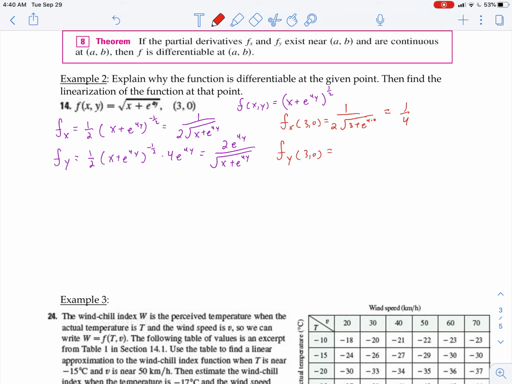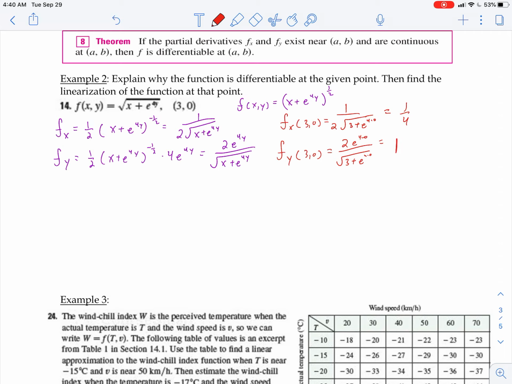And then check it with y at (3, 0). I'm going to plug in and get 2 times e^(4 times 0) over the square root of 3 plus e^(4 times 0). The denominator is going to give me the square root of 4, which is 2.